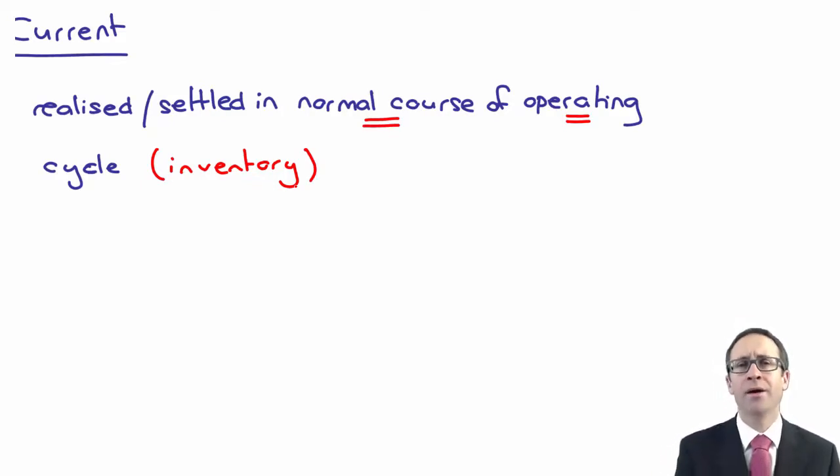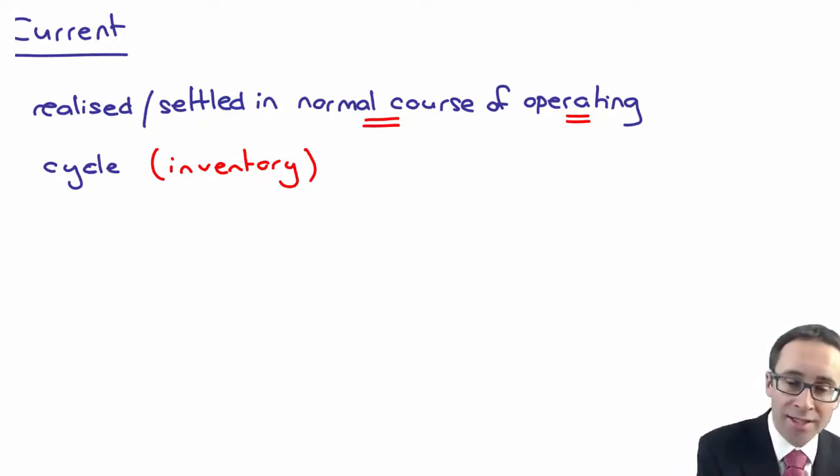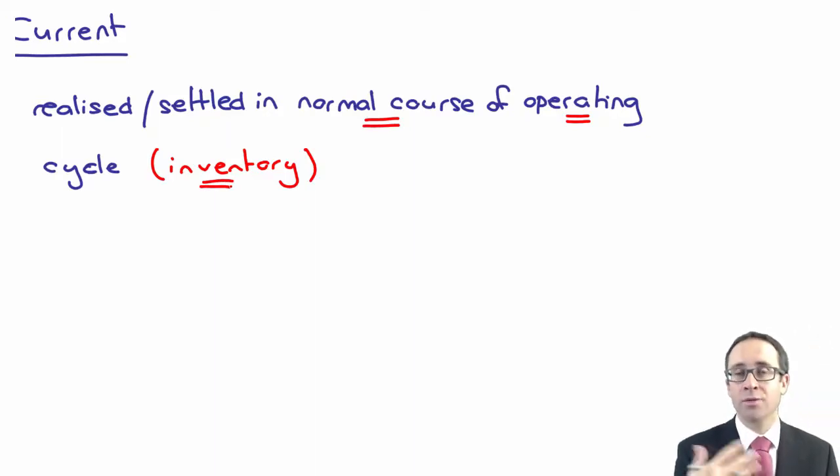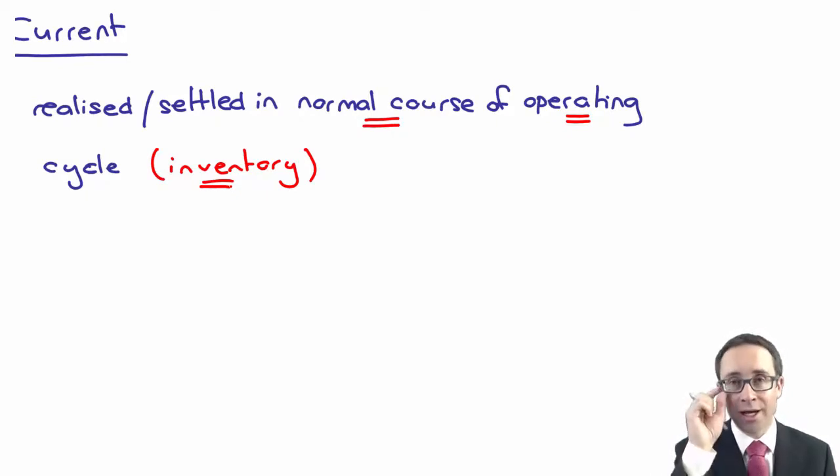So that inventory isn't going to be sold within 12 months. It will take a lot longer than 12 months for the inventory to dry out, but it will still be categorized as current because that inventory is going to be realized, so sold, in our normal operating cycle, isn't it?